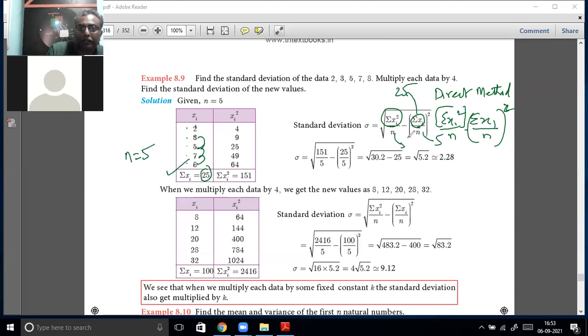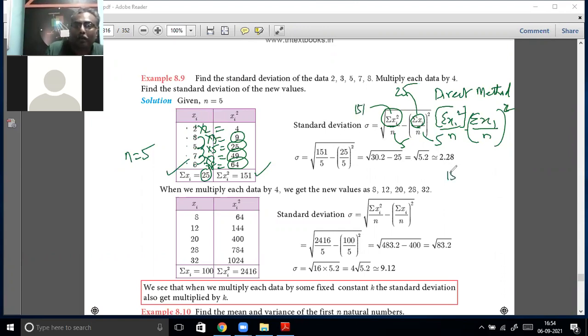Now sigma x i squared you have to find out. 2 into 2, 4, 3 into 3, 9, 5 into 5, 25, 7 into 7, 49, 8 into 8, 64. Very good. Now once you add up all this, you get 151. So sigma x i squared is 151.